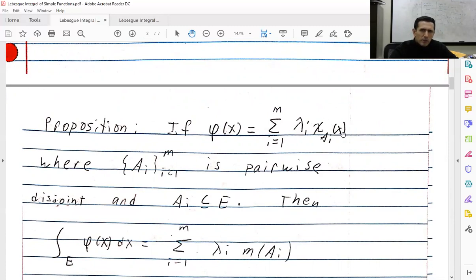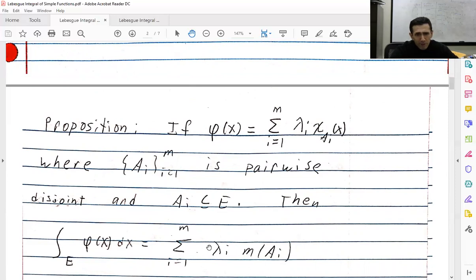I'm left with computing the integral of the characteristic function of AI. Well, characteristic functions themselves are already in their canonical decomposition form. So we know the integral, by definition, of a characteristic function of AI is just the measure of AI. So linearity gives us that we expect this to be true.